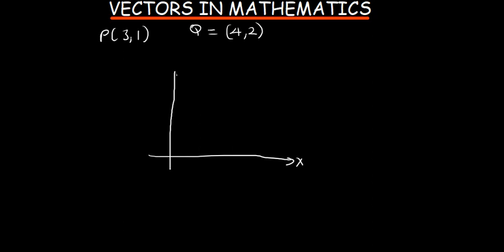Here is the x-axis and there is the y-axis. For point P we have 3 comma 1, so here's the point P. And for Q, that is 4 comma 2. Here should be 4, and 2 is going to be somewhere here. So the coordinate is somewhere there, that is Q.